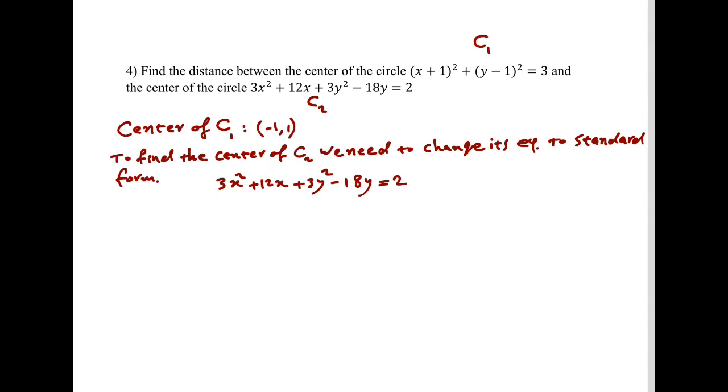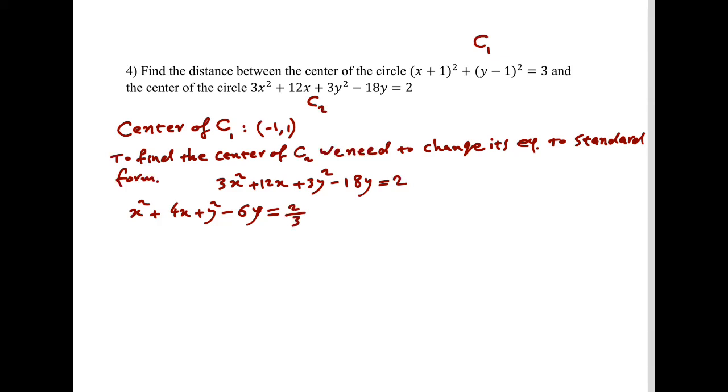So let's divide all the coefficients by 3 to simplify the numbers. The first one becomes x squared plus 4x plus y squared minus 6y equals 2 over 3.